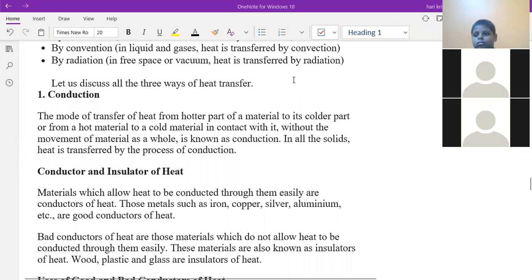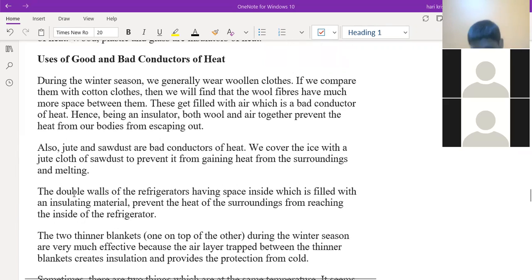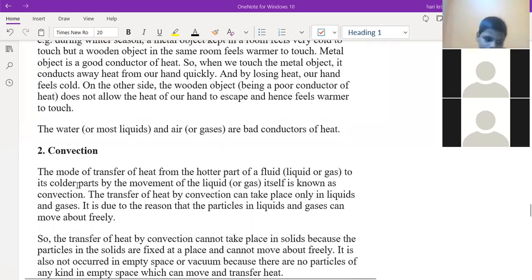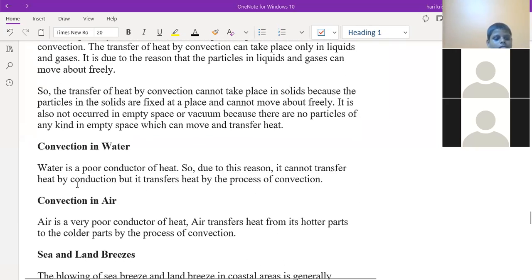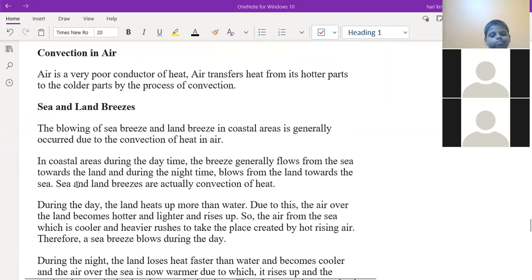Okay, after discussing the clinical thermometer and the laboratory thermometer, we'll study the different ways of heat transfer. The first one is conduction. Again, based upon conduction, we have good conductors and bad conductors of heat. The next one is convection. That will happen in water as well as in air, and the land breeze and the sea breeze.